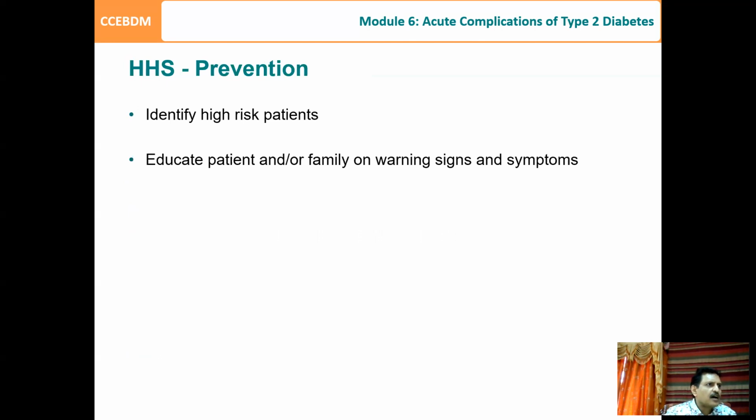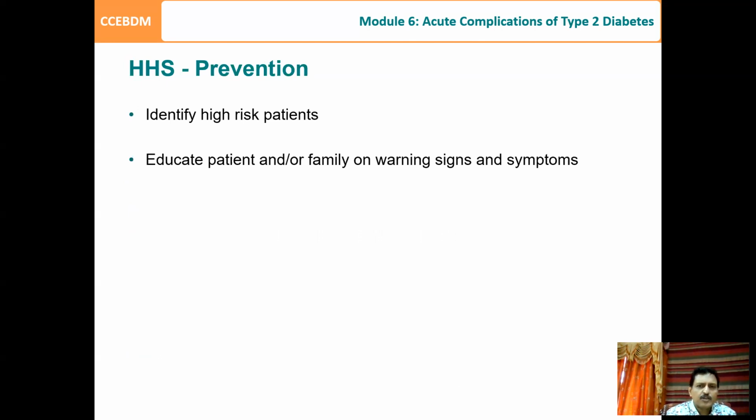Identifying the high risk patient is very important, and we have to educate the patient and the family about this important disease, because it is associated with a lot of morbidity and mortality, and the mortality is higher compared to DKA subjects.